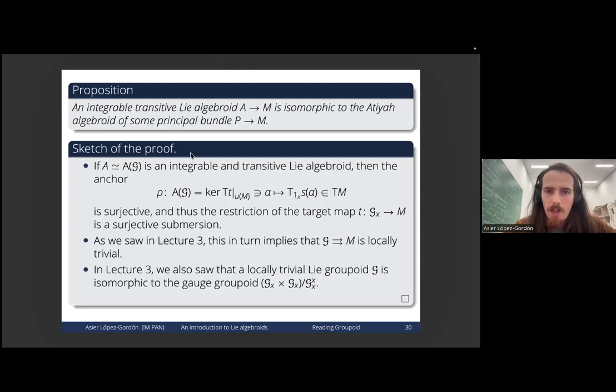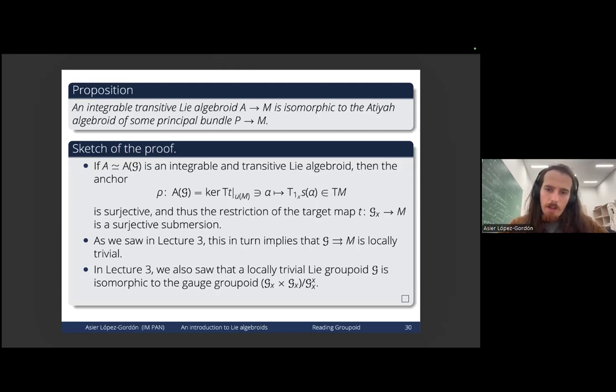So we have the algebroid being integrable, which means that it is the Lie algebroid of some Lie groupoid. Let me recall that transitive means that the anchor is surjective. If the Lie algebroid comes from a Lie groupoid, the anchor is just the tangent map of the source.